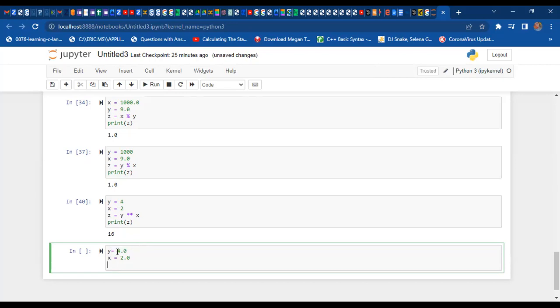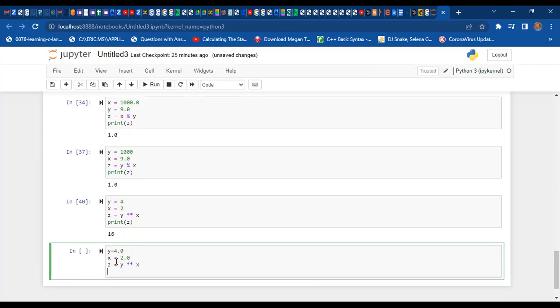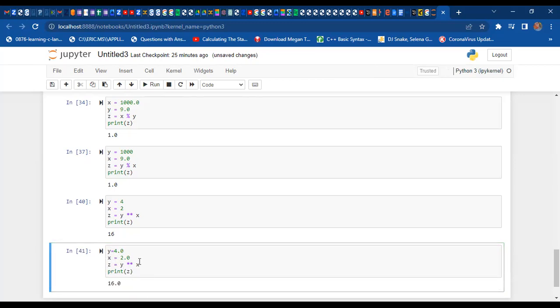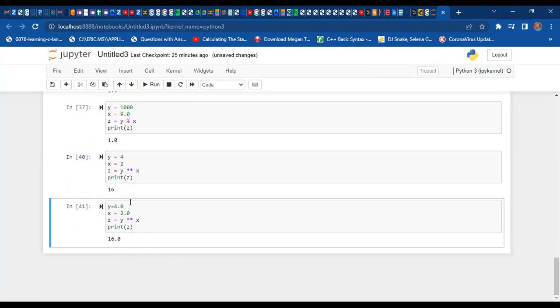As you can see here, let me not use space here, and here I use space. And then we see what will be my answer. y power x. Yes, we have gotten a float.